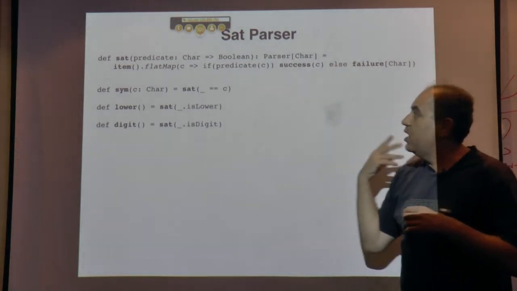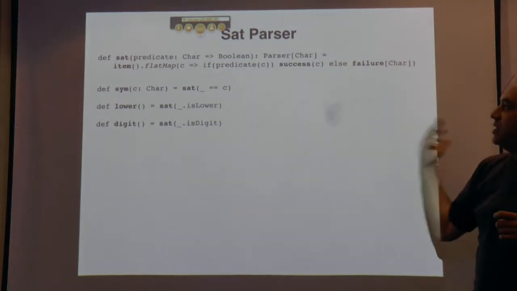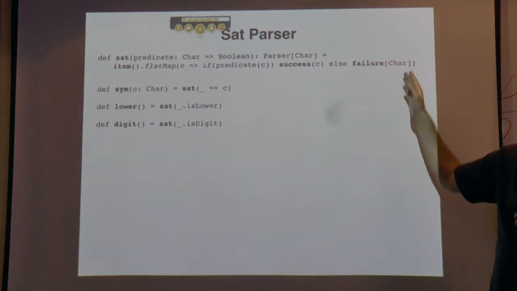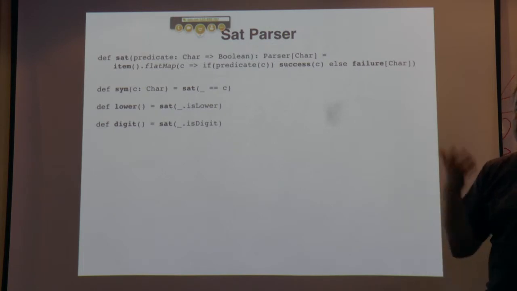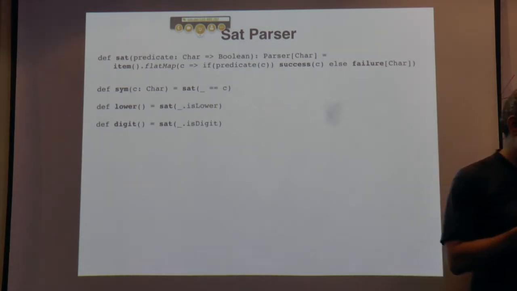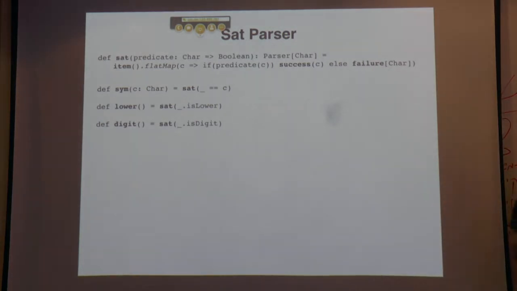We have only three fundamental basic parsers: item, success, and failure, and we can combine them with a flat map and make many different parsers. That's what I think is nice here.